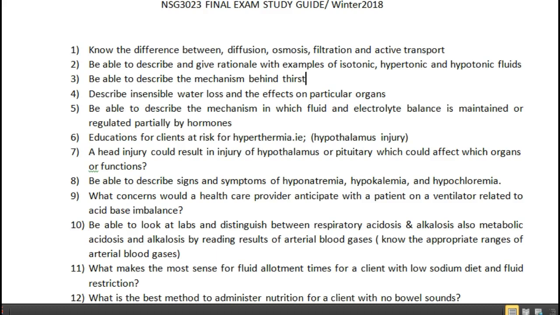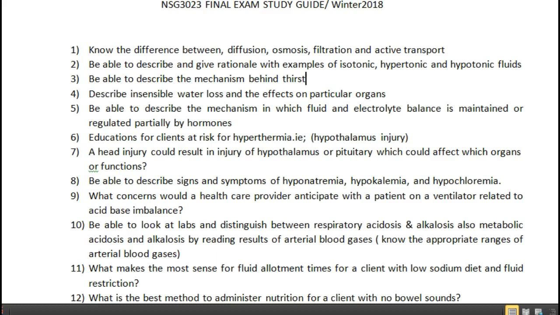Okay, so you got a person on a ventilator. First of all, you probably don't want the person to get acidotic, and the first thing you want to do is always check the ABGs.